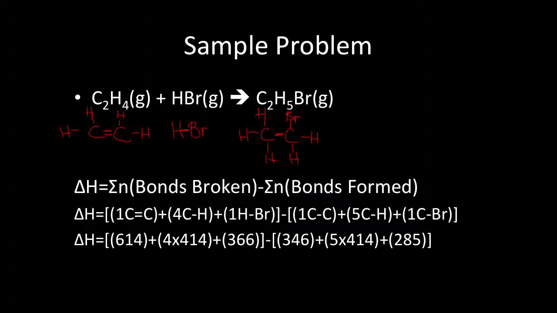Now I add those all up, and I'm going to subtract from that the carbon-carbon bond, which is an enthalpy of 346, 5 carbon-hydrogen bonds with an enthalpy of 414, and 1 carbon-bromine bond with an enthalpy of 285. So when I add both of those up and then subtract, I find that the enthalpy of reaction for this particular reaction is a negative 65 kilojoules per mole.